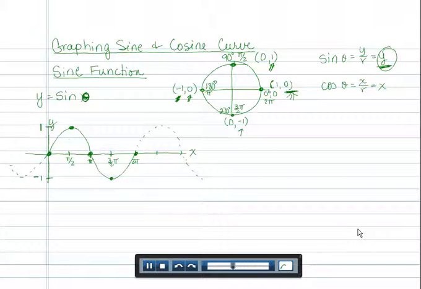It is fully continuous. So some of the things that we need to know about the sine curve are as follows. The domain is going to be from negative infinity to positive infinity. The range is going to be from negative 1 to 1. How do we know this? Because this is the range right here.